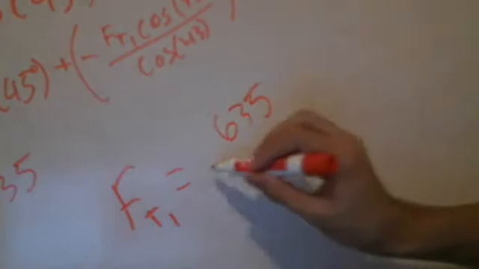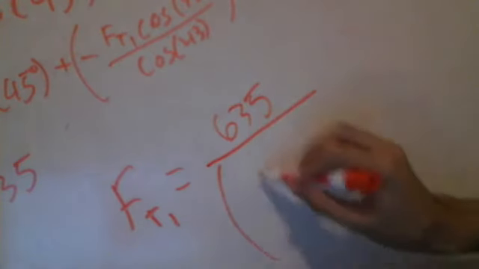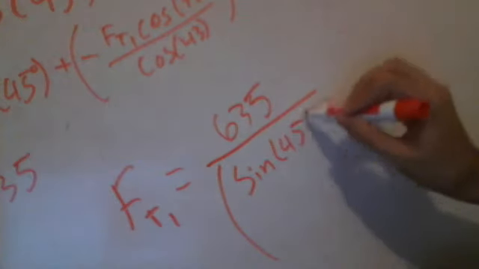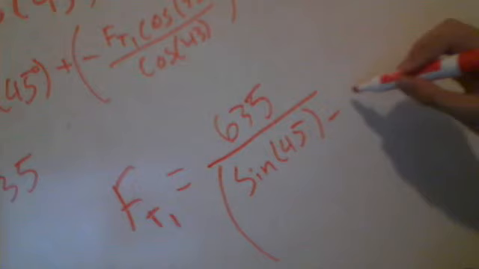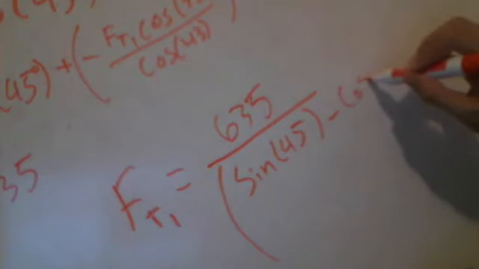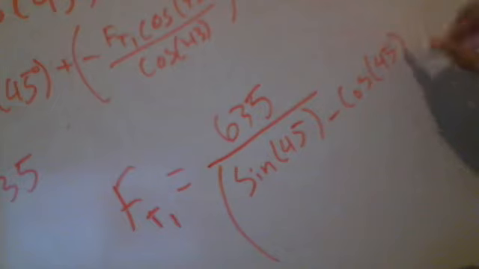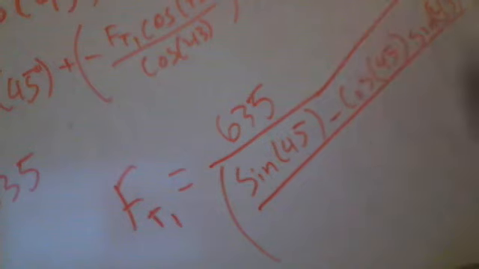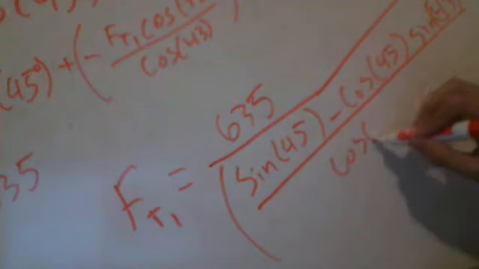From there, you do some more algebra, you get the common factor of these, and it would be divided by sine 45 minus cosine 45 times sine 43, all over cosine of 43.